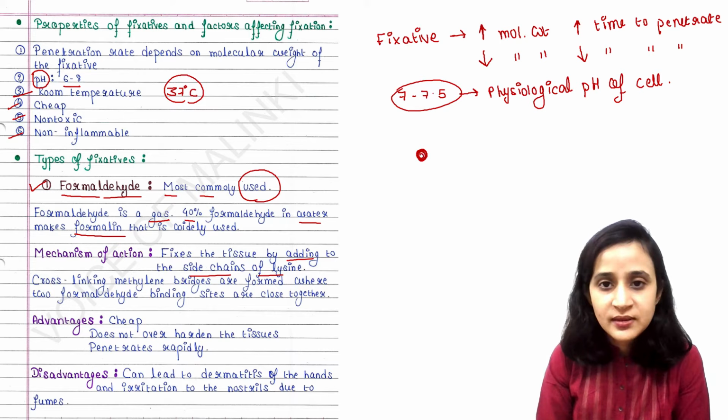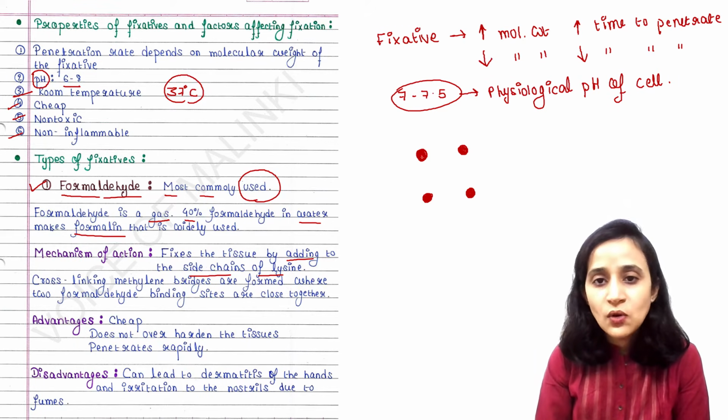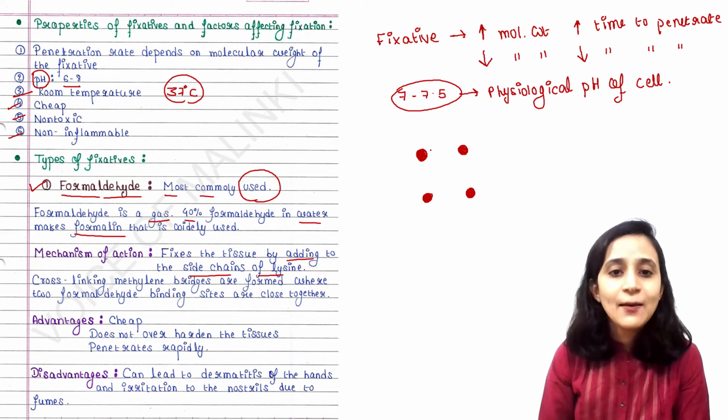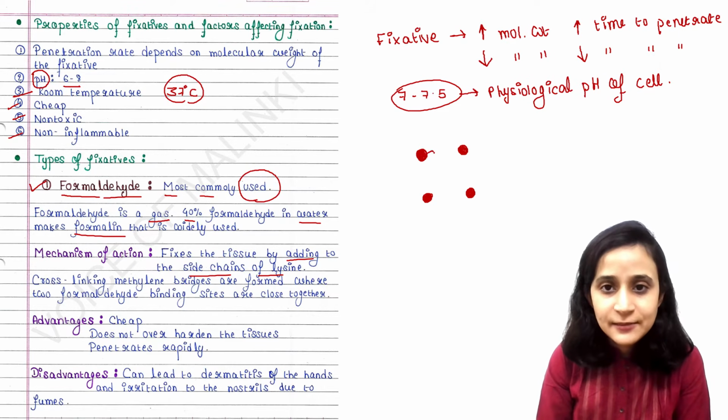Suppose these are some proteins, and proteins have different amino acids. Among those different amino acids, one is lysine.